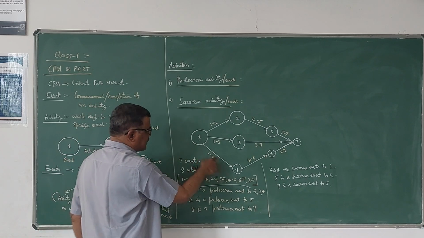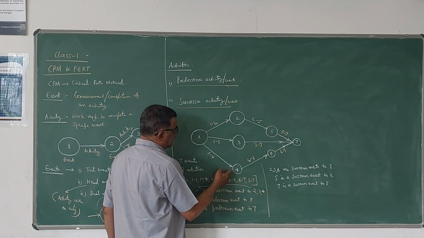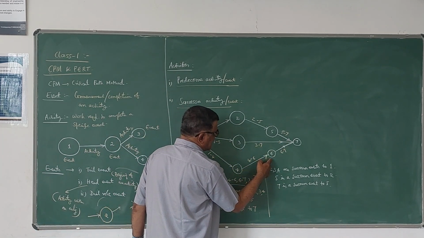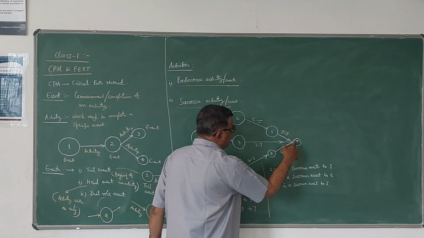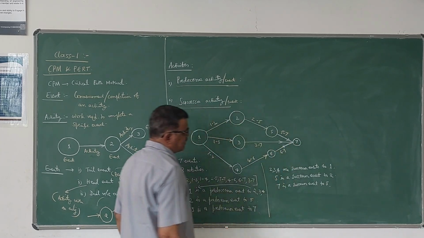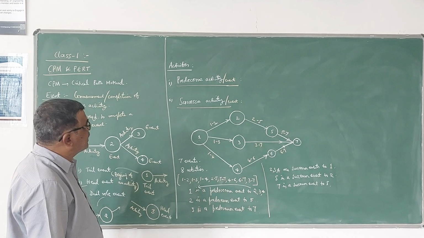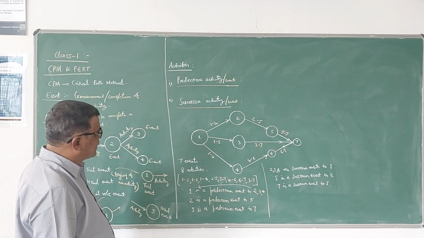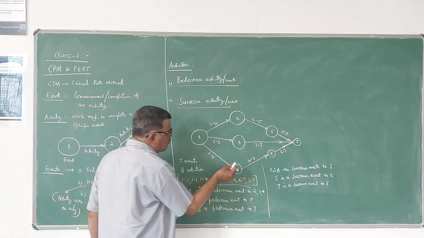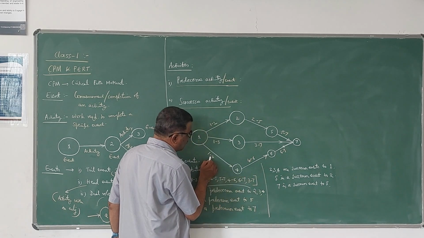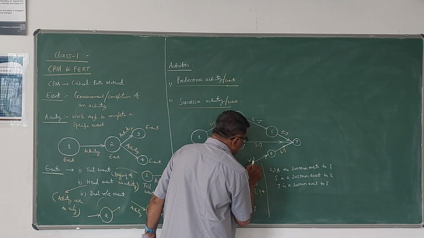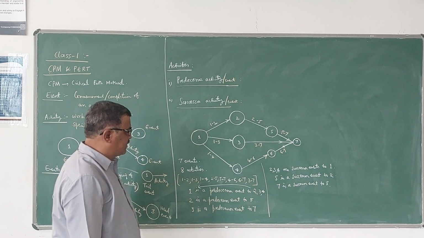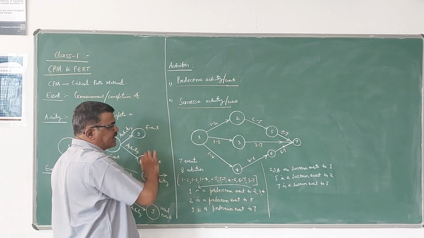If you take this path, 4 is a successor event to 1, 6 is a successor event to 4, 7 is a successor event to 6. So like this we can define successor event. Successor activity means 4, 6 is a successor activity to 1, 4, 6, 7 is a successor activity to 4, 6, like that. So it is the reverse of predecessor.